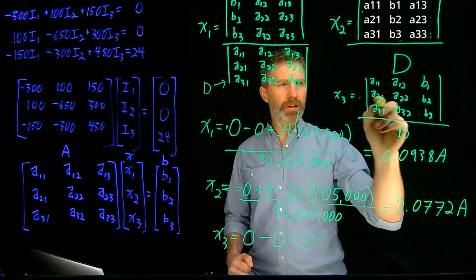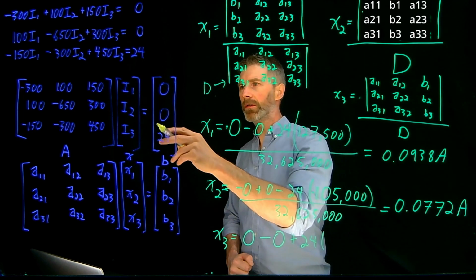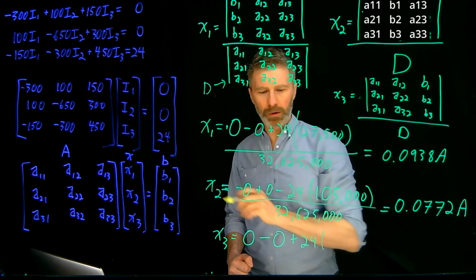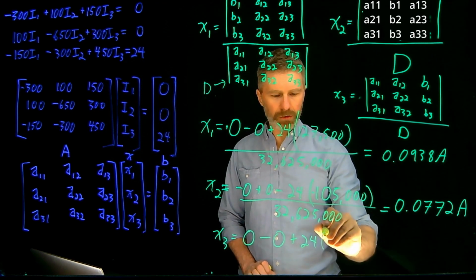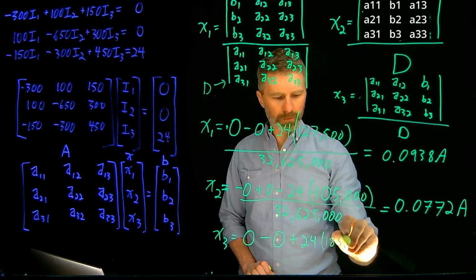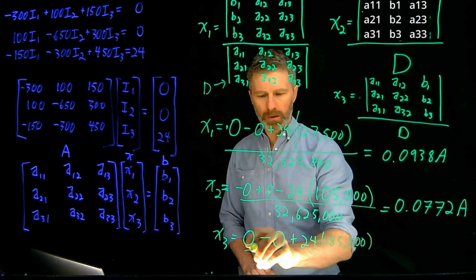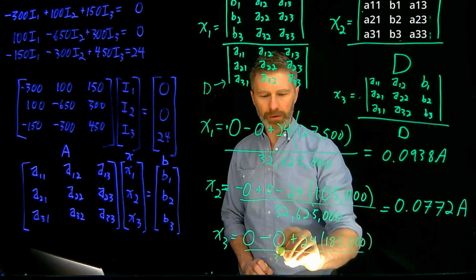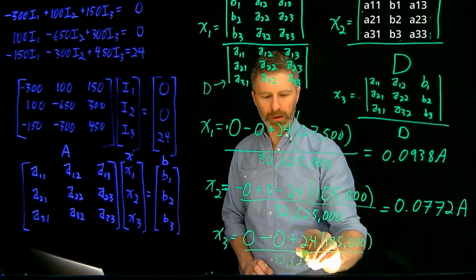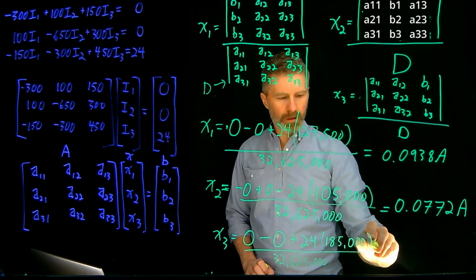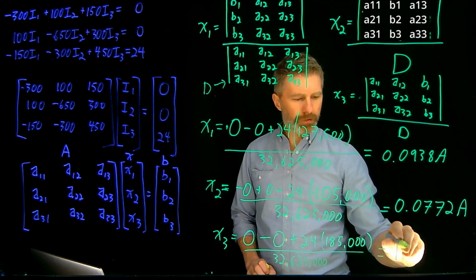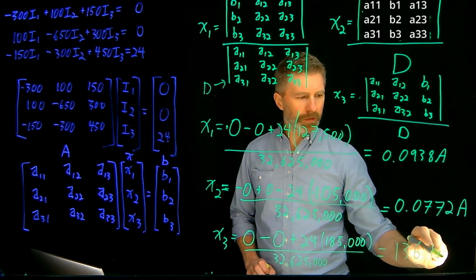So it's a11 times a22, a21 times a12, and I'm taking the values from over here, and that value works out to 185,000. Again, all divided by 32,625,000, and that equals 136.1 milliamps.